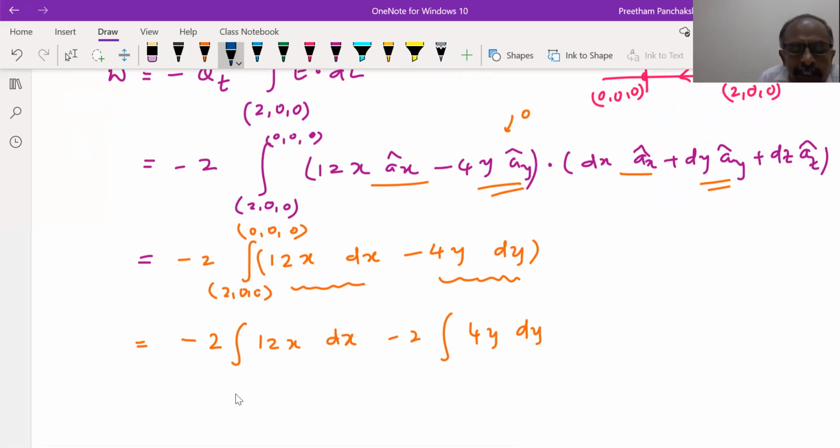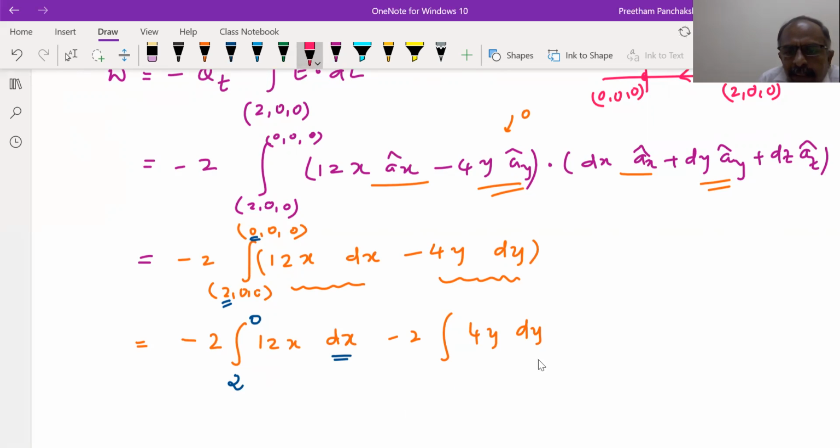Now let us give the limits for the corresponding integrals. In the first integral the variable is x, so we take the x coordinates, 2 to 0.